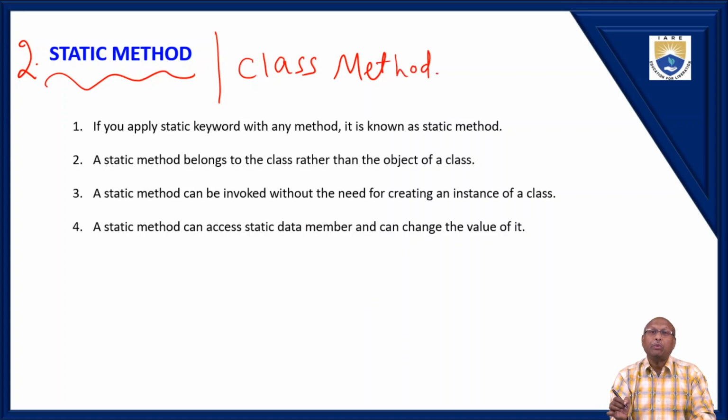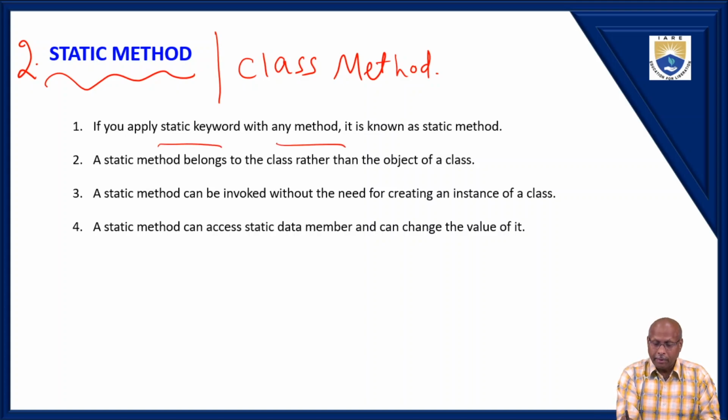That means only one method will be available for all the objects of the class. Because for a class there will be multiple objects, but for multiple objects, only one method will be there. That is the nature of a static method. If you apply the static keyword with any method, then it is known as a static method, or also known as a class method.